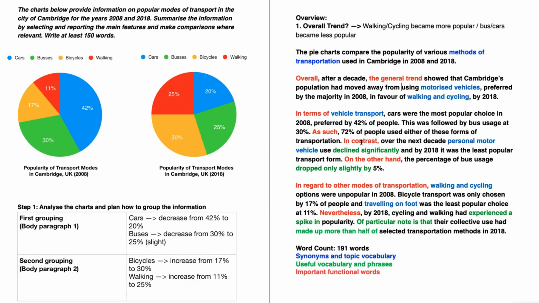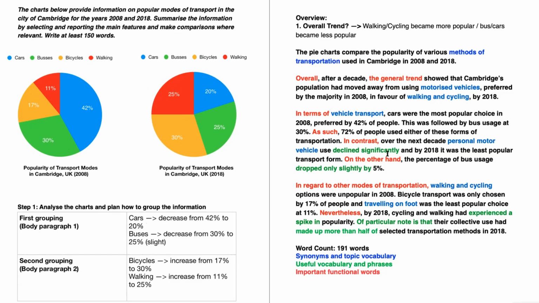And then I see, in contrast, over the next decade, personal motor vehicle use declined significantly. And by 2018, it was the least popular transport form. So I have gone ahead and talked about this comparison. So it decreased from 42 to 20%, and I've even talked about how it is the lowest number here in 2018.